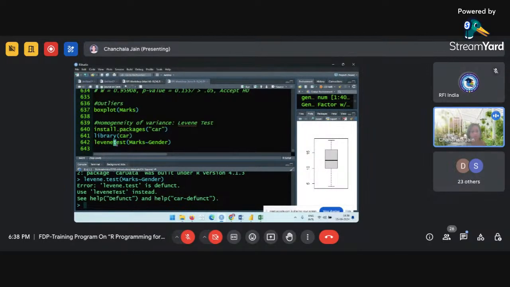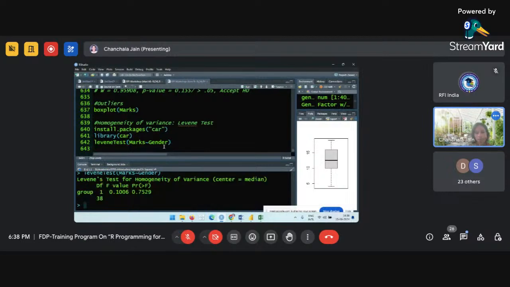It is telling us to use this function. So you can see we are getting the results. Degrees of freedom 1, Levene test value is 0.1006 and the p value is greater than 0.05, right?